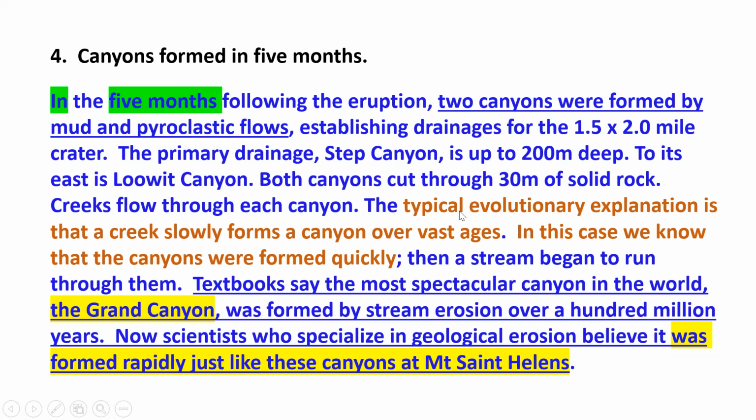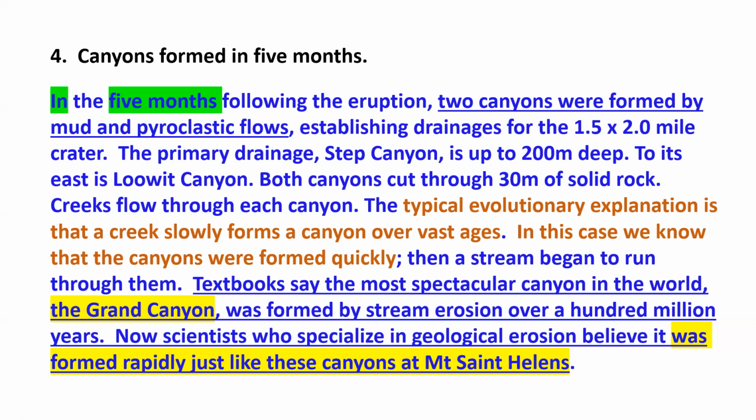Now, you talk about the typical evolutionary explanation. A creek flows slowly and forms a canyon over vast ages. You know, the little river through your Grand Canyon. And here in this case, it would be Mount St. Helens.